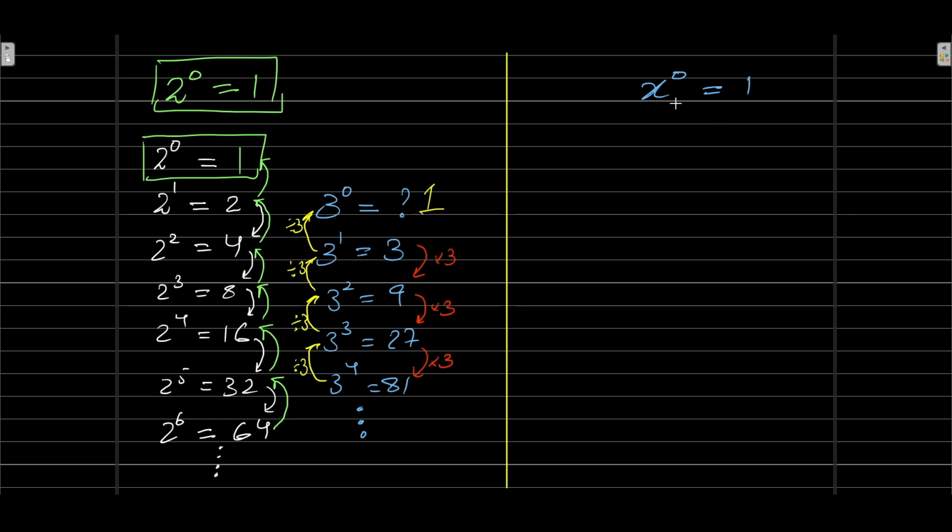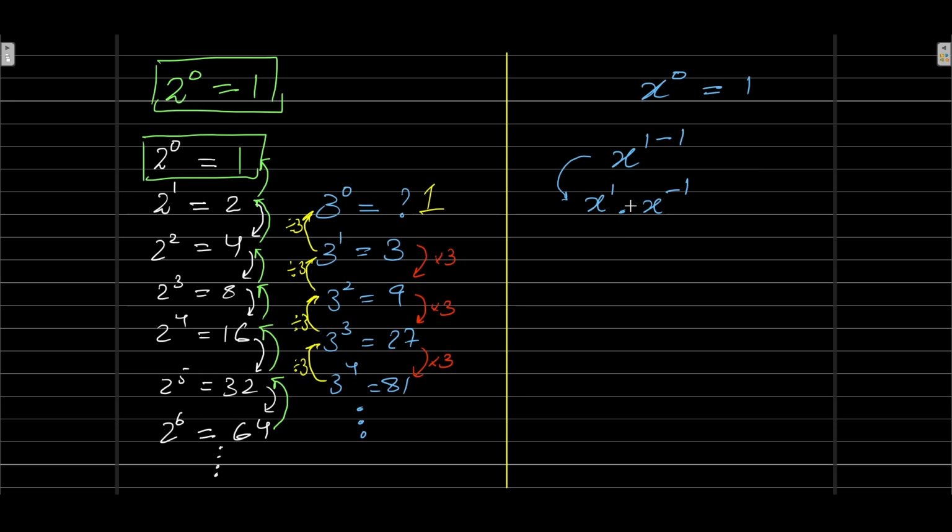But there's one more way to explain this concept, and that is done in this way. I can just take this 0 as 1 minus 1, and then by a simple rule of indices, I can simply break it down like this. When the bases are the same, the powers are added, so these two steps are identical.